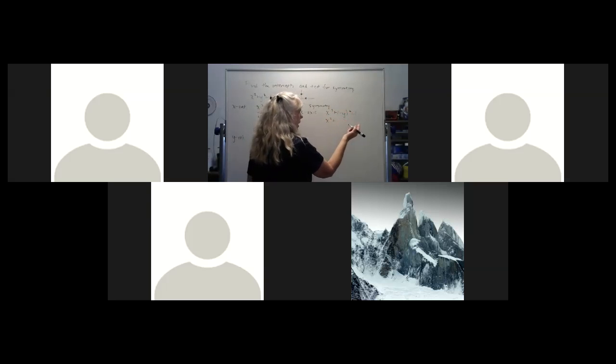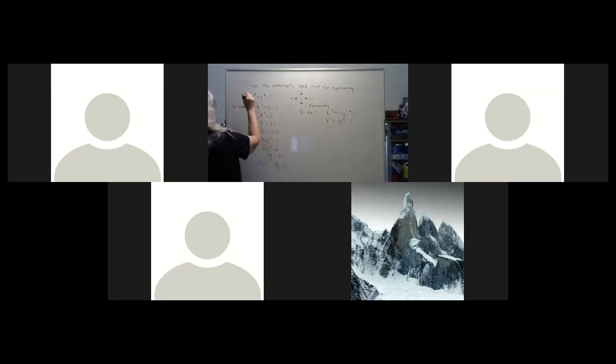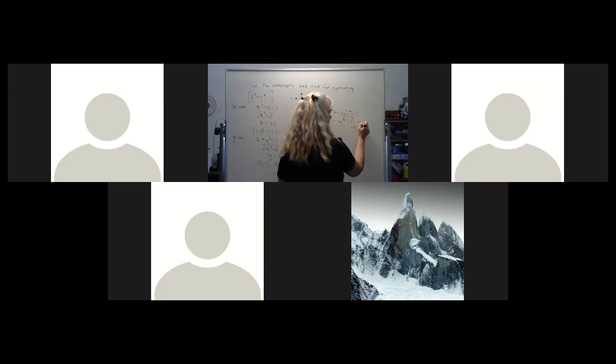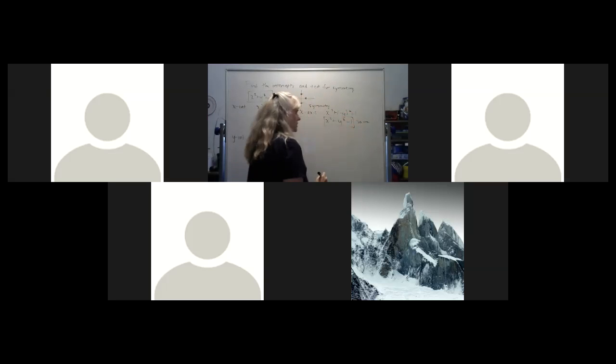But a negative y squared is still a positive y squared. So since this is the same as the original, and again, here's my original, this is the one we just came up with. It's the same. So yes, we have symmetry. Symmetry to the x-axis is a yes.